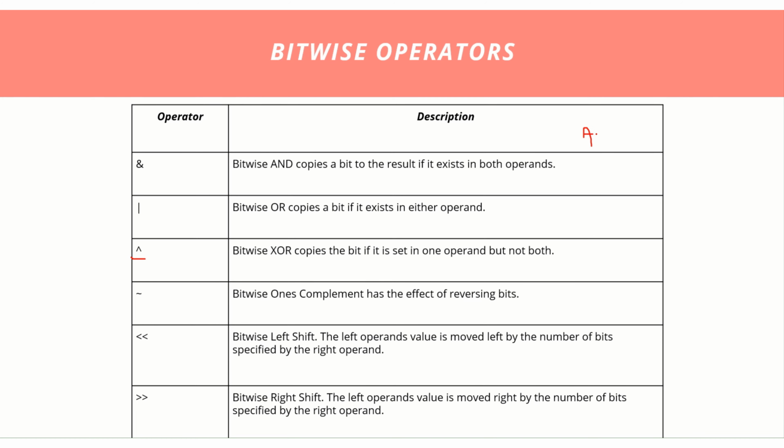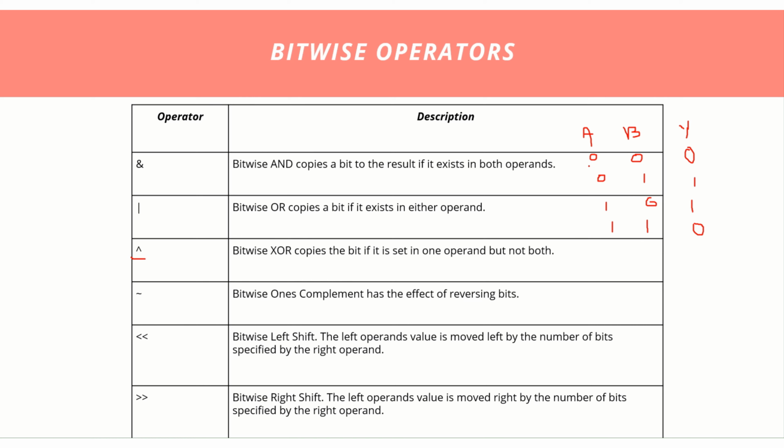A, B, and Y is the output. 0 0 gives output 0, 0 1 gives 1, 1 0 gives 1, 1 1 gives 0.